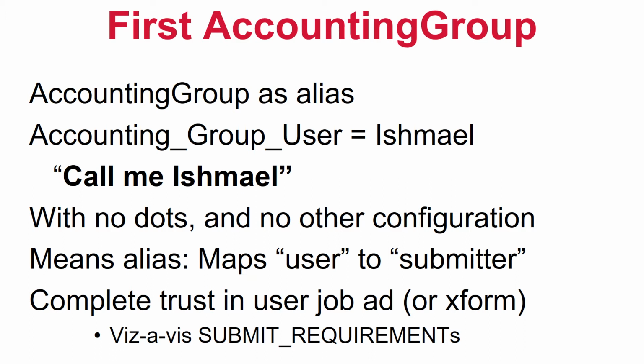This is commonly used in web portal applications. Typically, a web portal runs as one operating system process, as one non-root user. As it accepts requests from the web, it creates Condor submit files and runs condor_submit as that one operating system user.